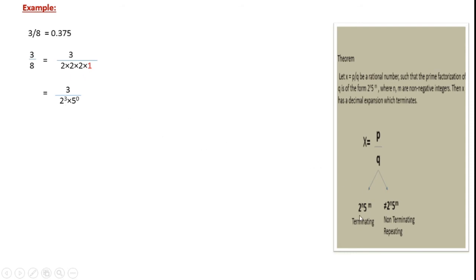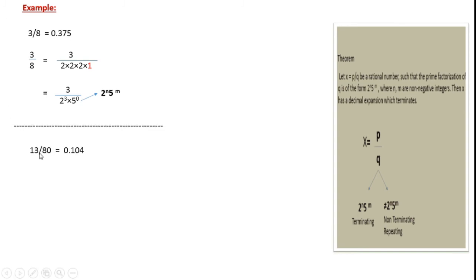This is of the form 2 to the power n, 5 to the power m, because 1 we can write as 5 to the power 0. Any number with power 0 is 1. So it is a terminating decimal.